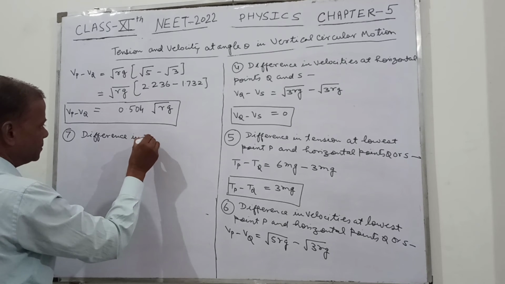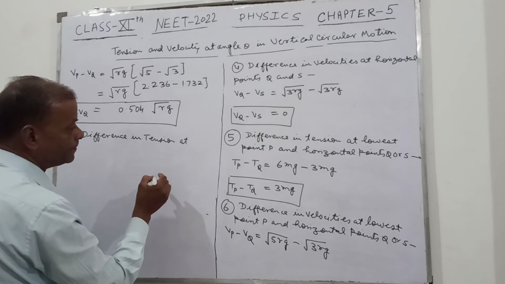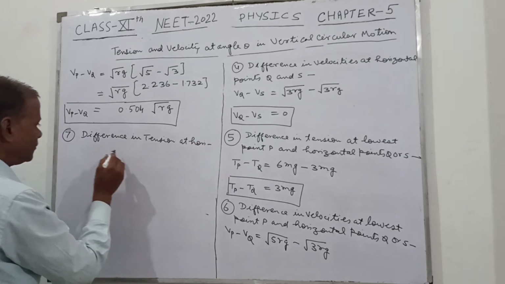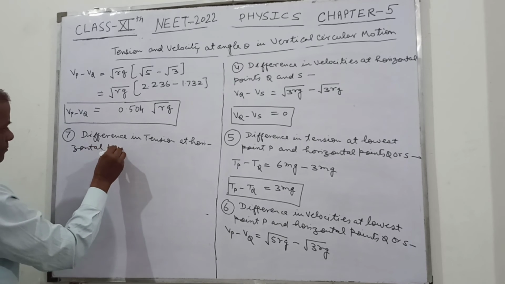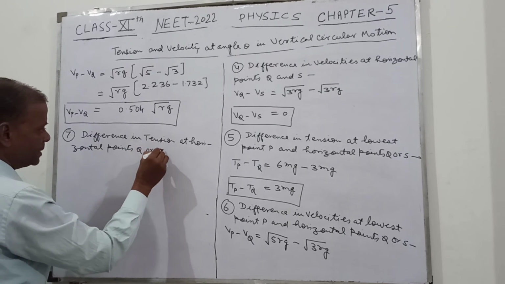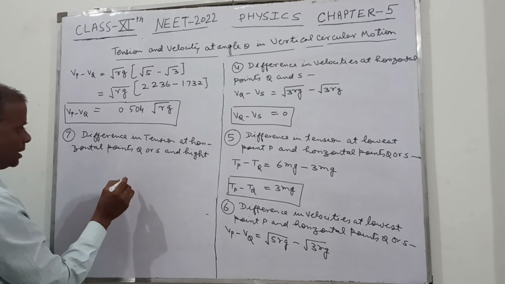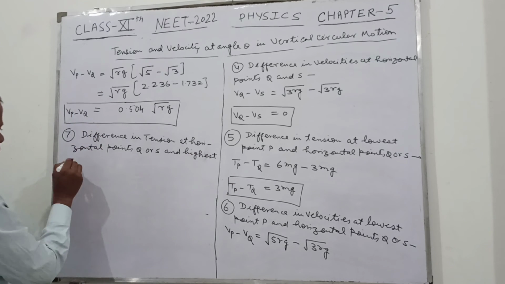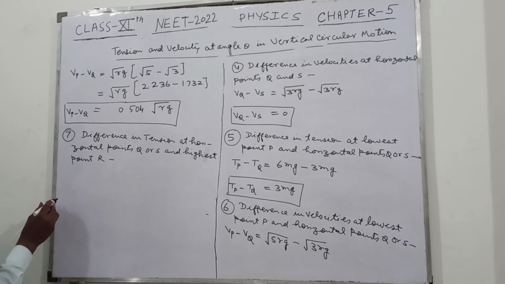Difference in tension at horizontal points Q or S, and highest point R. This will be how much?